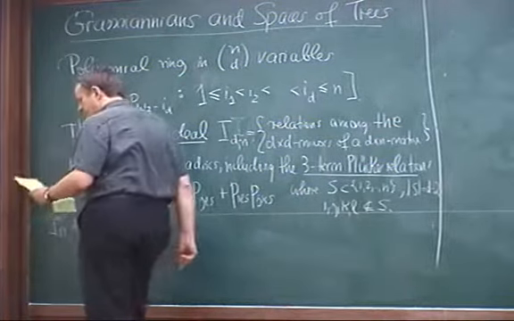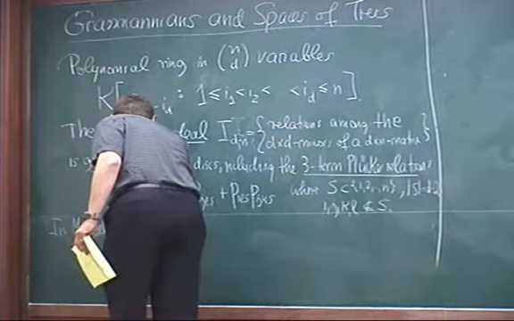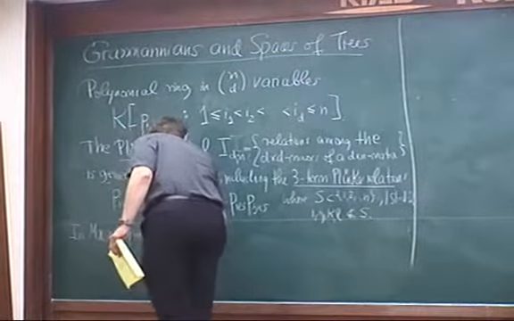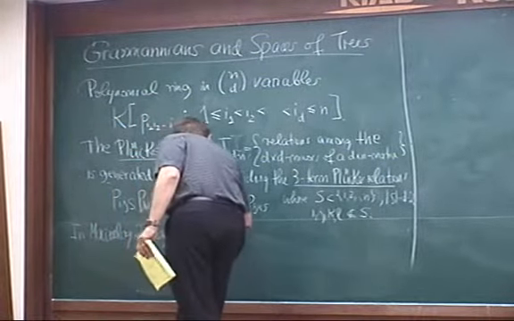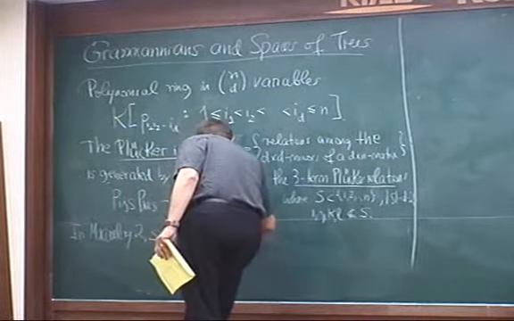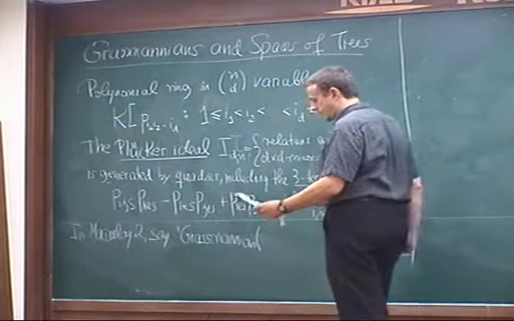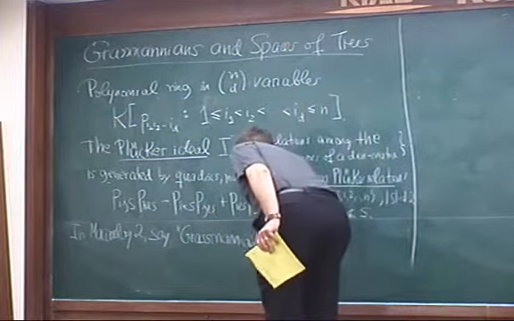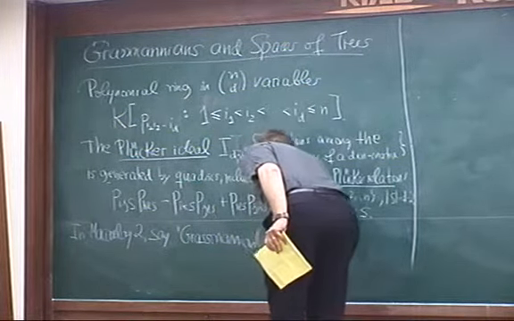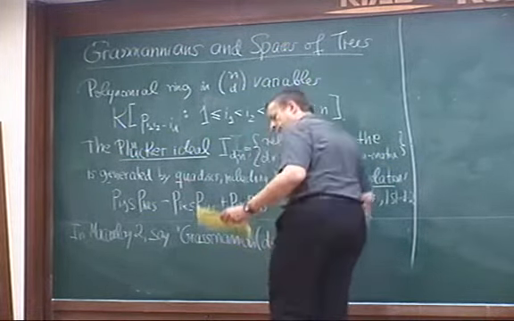So in Macaulay 2, there's a built-in command called Grassmannian. And since the creators of Macaulay 2 are projective geometry people, you have to say d minus 1, n minus 1.